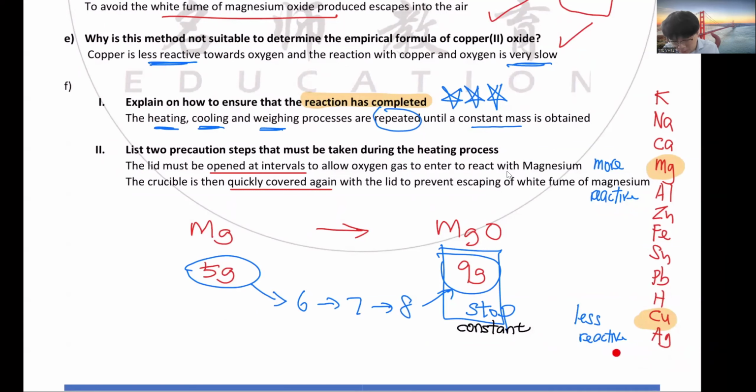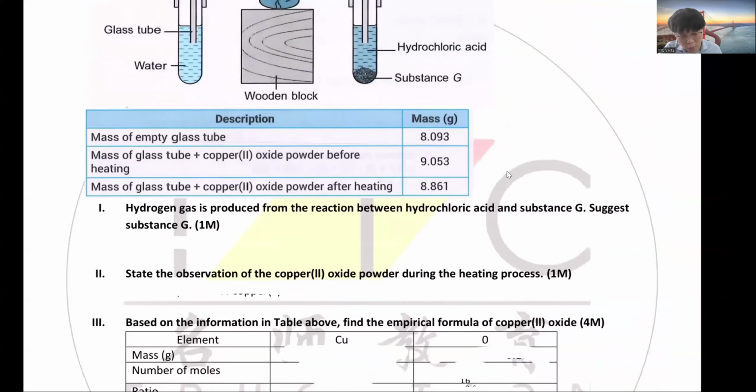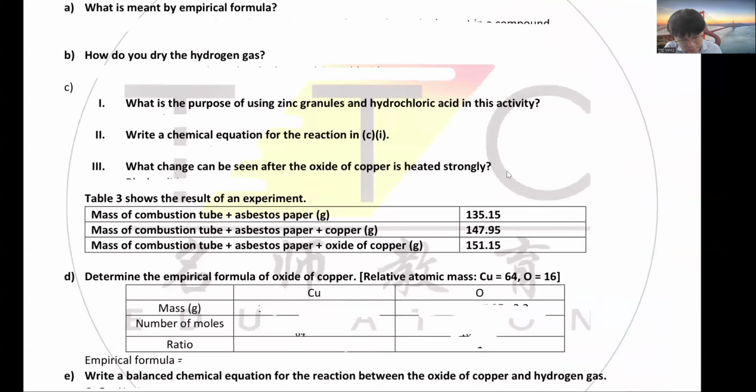Because copper is less reactive, if you burn it with oxygen, the reaction is very slow. Means I take Cu, I burn with oxygen. Yes, it can become copper 2 oxide, but it's very slow. So the copper 2 oxide is what we need to use for this experiment.